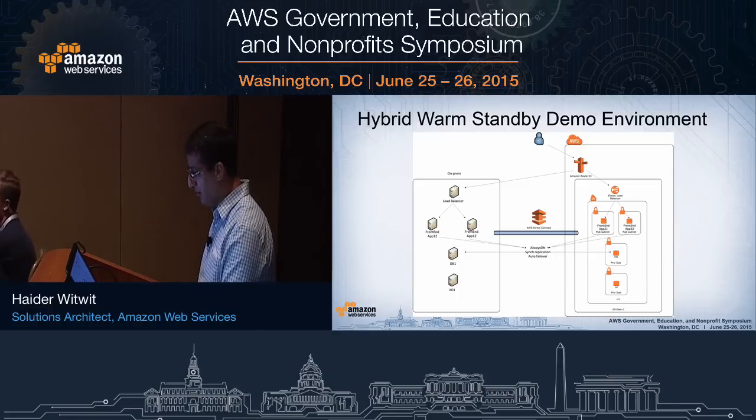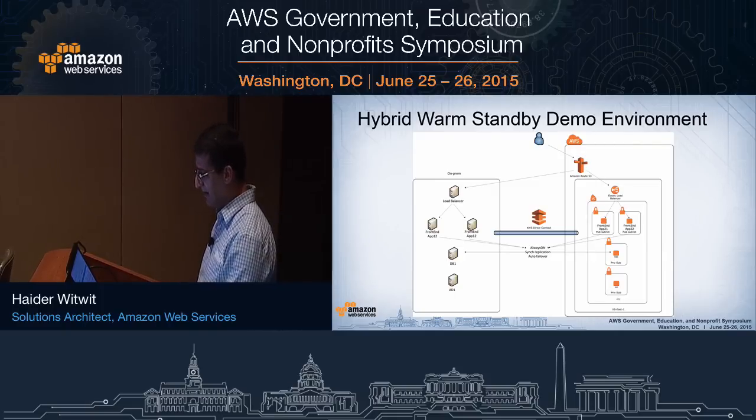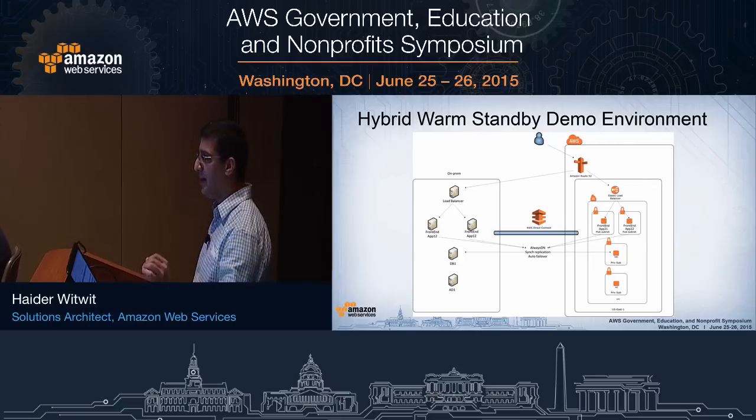Before I go through that, let me show you a web app that we developed just for this purpose, to show you how the traffic flows. This is an application that sends requests every 5 seconds, and from what you can see here, that app will show you where it goes.